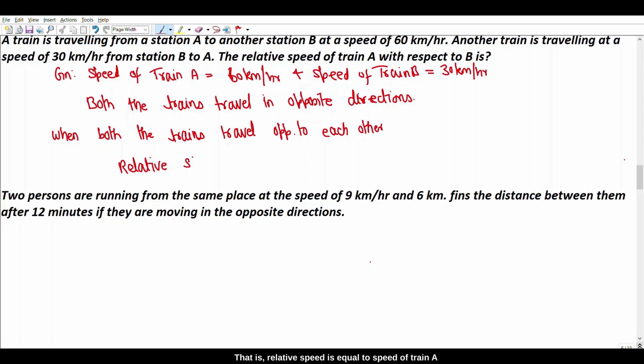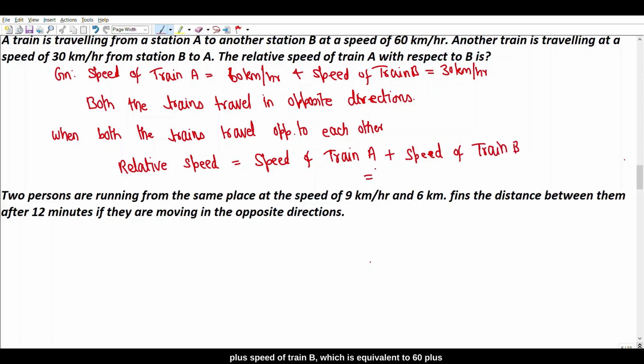That is, relative speed is equal to speed of train A plus speed of train B, which is equivalent to 60 plus 30, which is equivalent to 90 kilometer per hour.